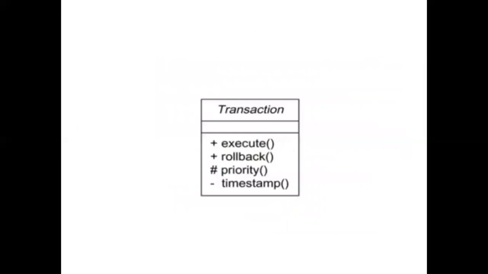For example, plus, hash, and minus represent public, protected, and private. And next, the operations performed by a particular class are represented as public, private.